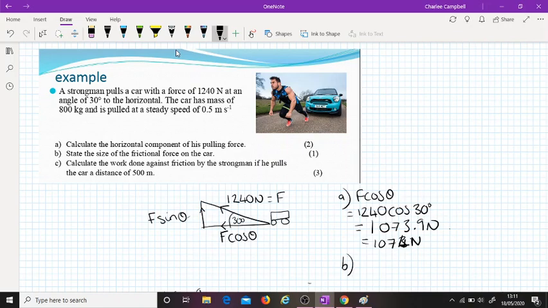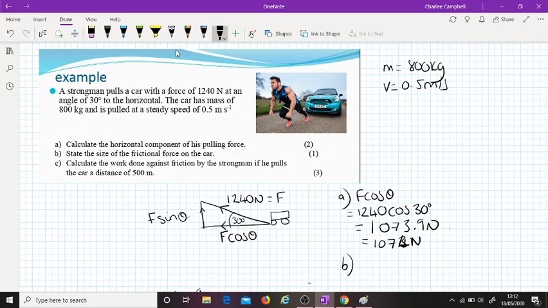Part B, it says work out the frictional force on the car. Now, if you go back to the question, to the extra bits of information, it says that the mass of the car is 800 kilograms and it's going at a steady speed of 0.5 meters per second.